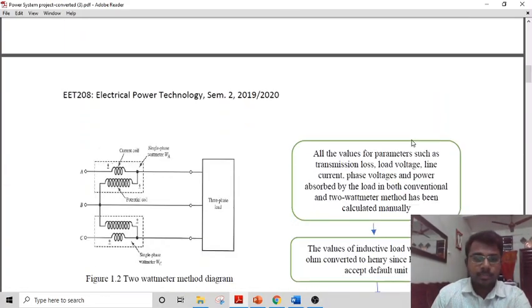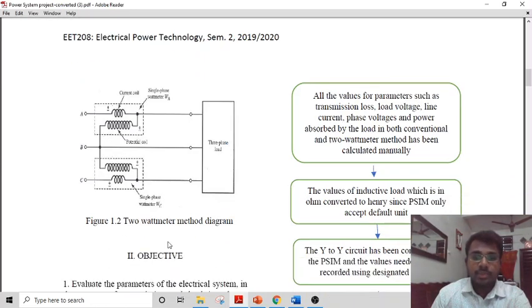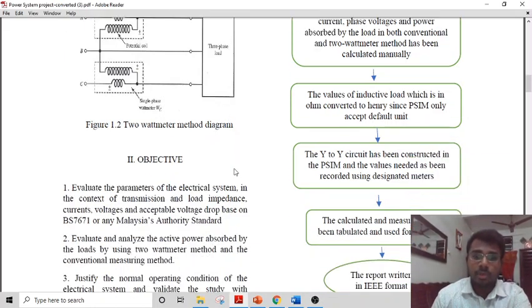This is an example of the 2 watt meter method diagram, where this one is considered as meter 1 and this one is considered as meter 2. In the calculation I will show in detail how we acquire the value of power 1 and the value of power 2, and then we total up both, and we get the total active power.